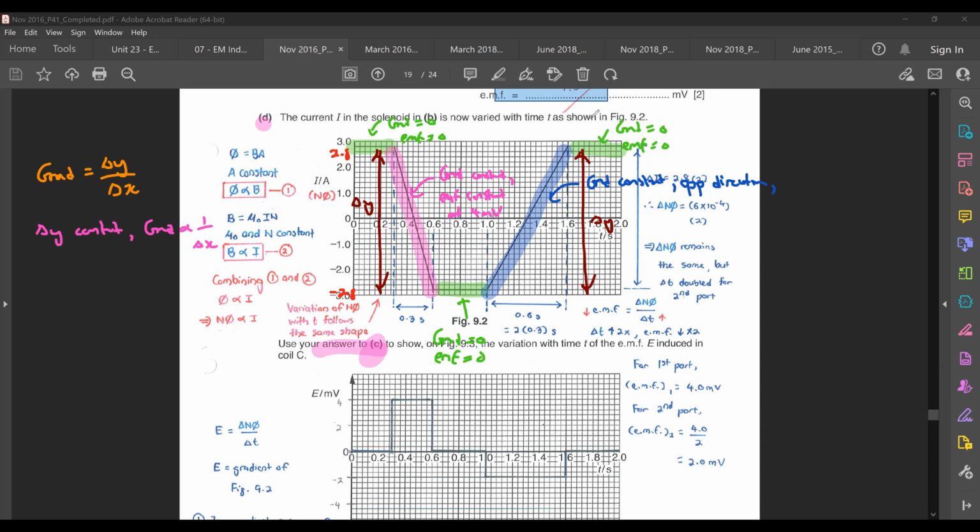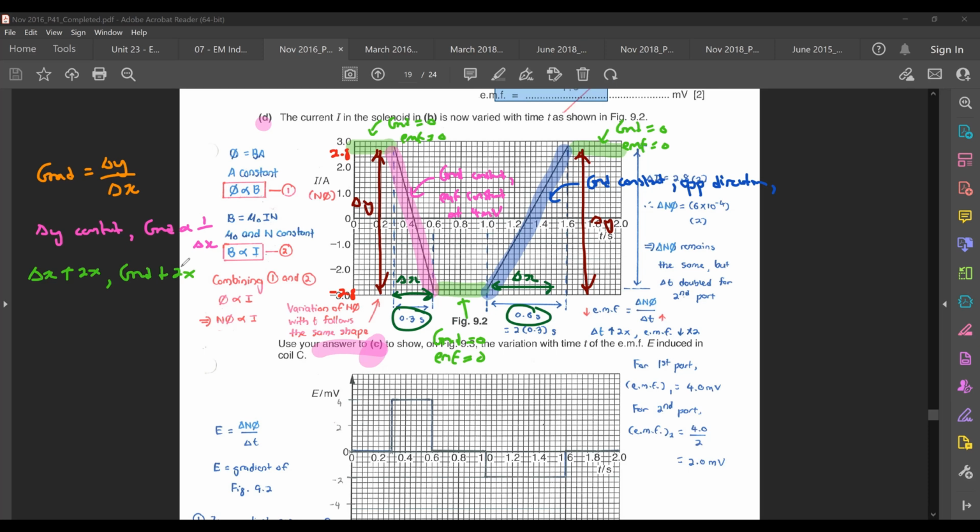So let's consider what are my changes in x then. This was my change in x at 0.3 seconds. This is my change in x at 0.6 seconds. The change in x is actually twice right now. So if my change in x is 2 times as much, my gradient will actually be 2 times as less.